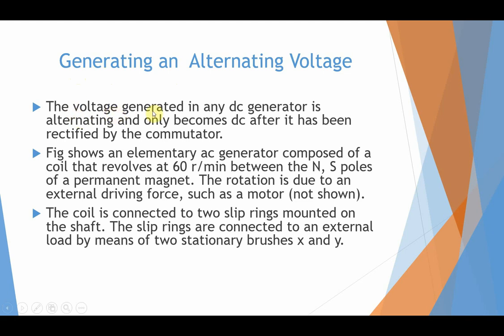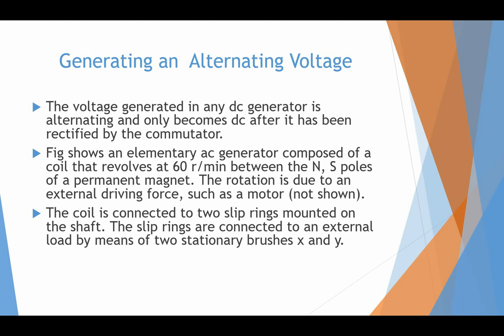The voltage generated in any DC generator is alternating and only becomes DC after it has been rectified by the commutators. In each and every generator we studied in electrical, like DC generator and AC generator, which we call alternator, the voltage is produced as alternating voltage.